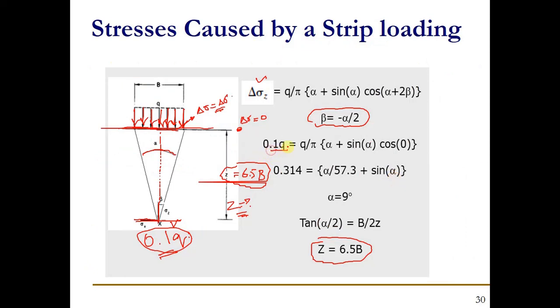Then 0.1 Q, we need to find out the Z, so we can change this alpha value into degrees, because these are in radians, and we will find out that alpha is equal to 9 degrees.